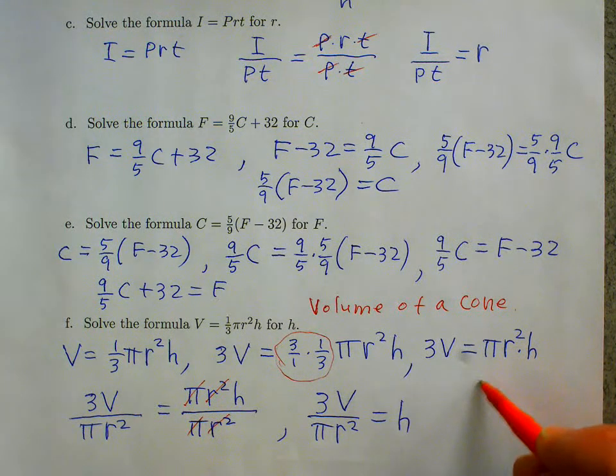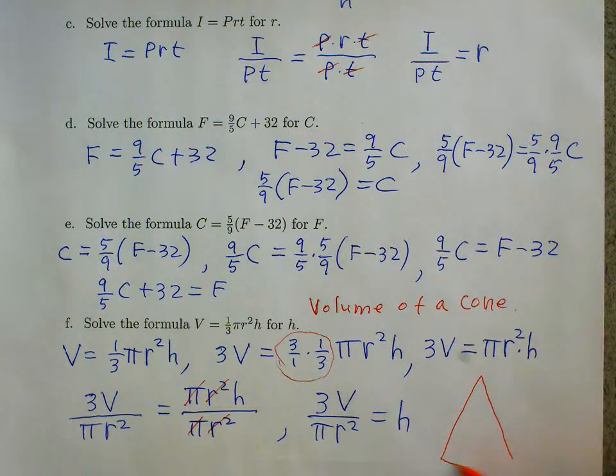So like an ice cream cone, an upside down ice cream cone looks something like this. So the bottom of this cone is a circle.